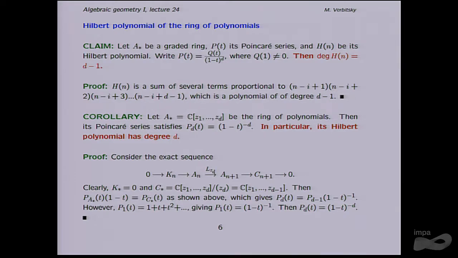So let's compute some examples of Hilbert polynomials. The first is not really an example, it's just a trivial observation: what is the degree of the Hilbert polynomial?